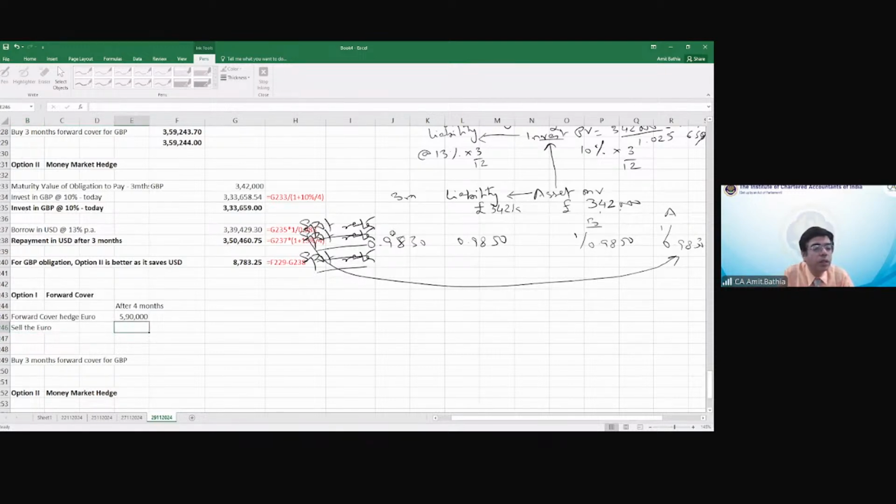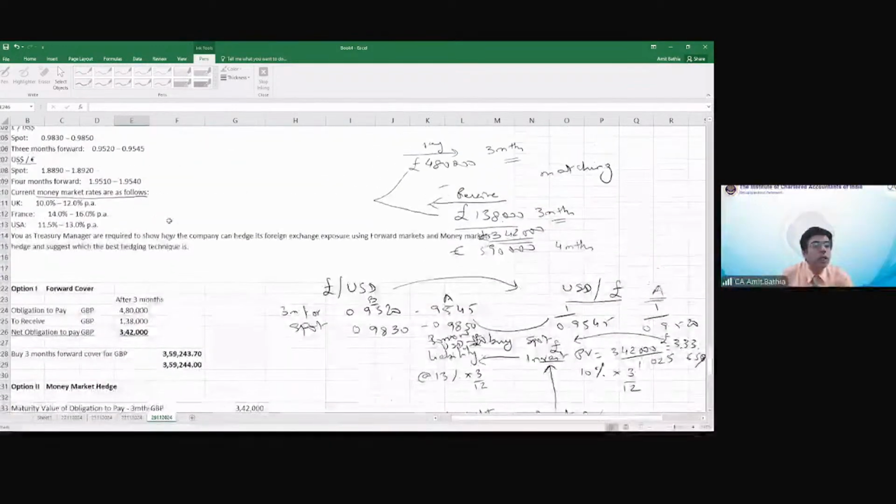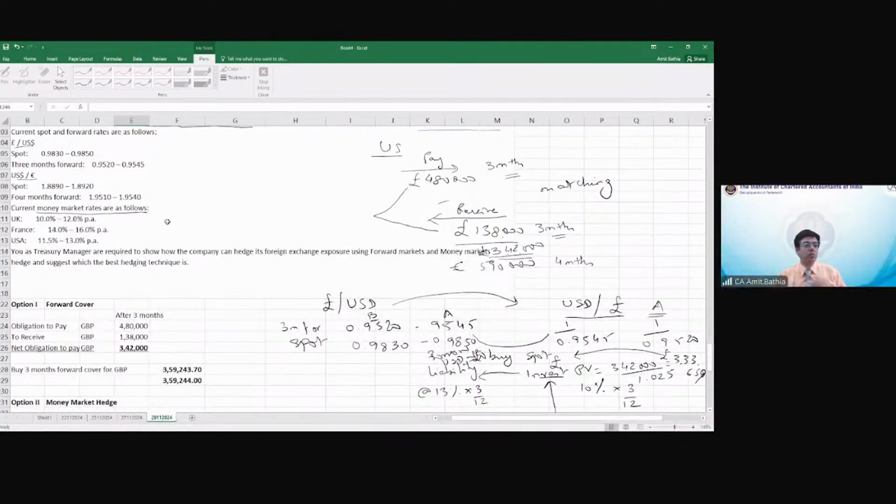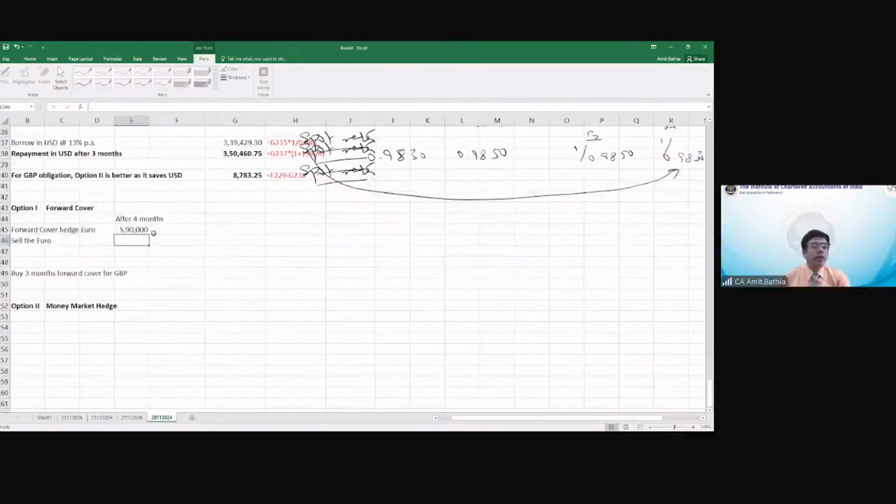At what rate, if I fix the forward? The 4 month forward rate, USD per euro, is 1.9510 and 1.9540. Which one will you get? 1.9510. So I will have 590,000 into 1.9510.